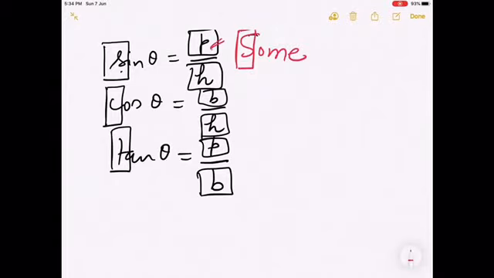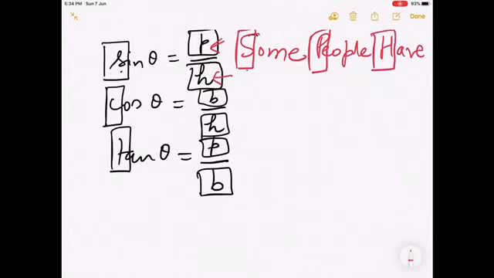Now the next letter is P, so I write here "people". So sine is P upon H. So next I will write something which starts with H. So I'll write here "some people have". So I got H. So now I know that sine is perpendicular upon hypotenuse. S, P, H: sine, perpendicular, hypotenuse.